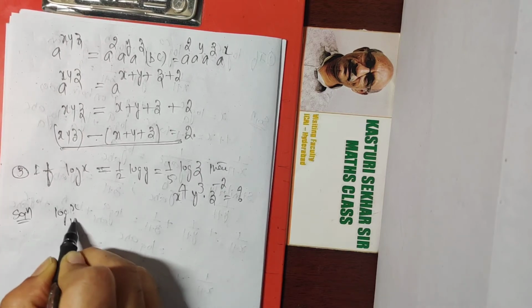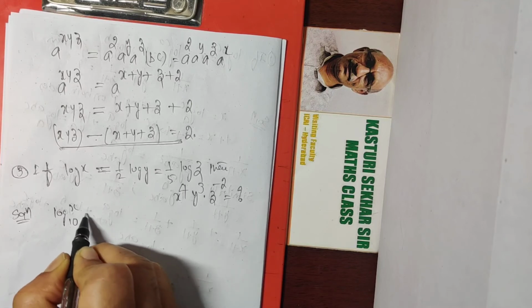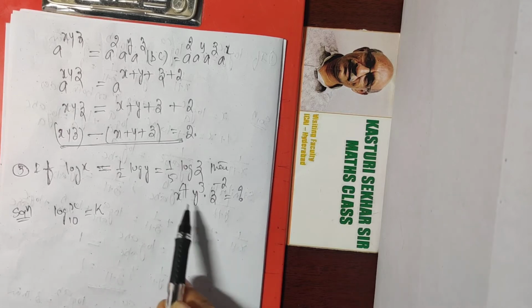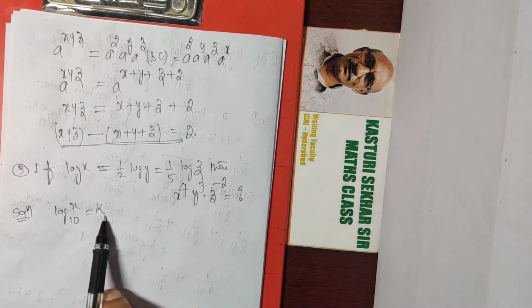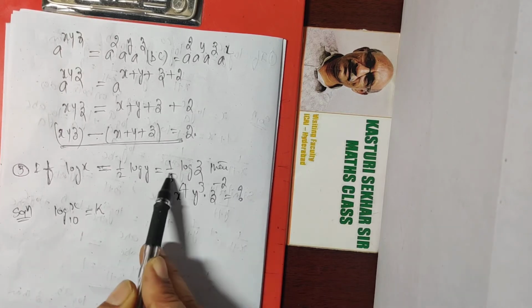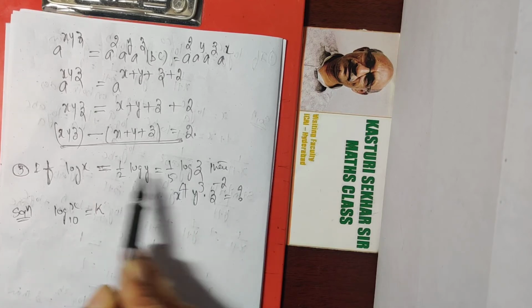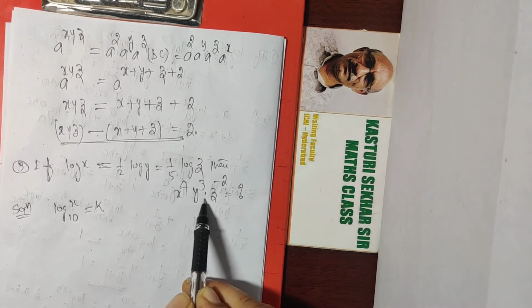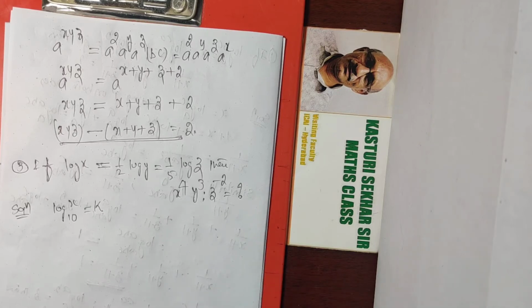Log x to the base 10 is equal to a constant k. Why am I equating to this constant k? In the given relation, x, y, z are associated with logs. In the required expression, x, y, z are free from logs.